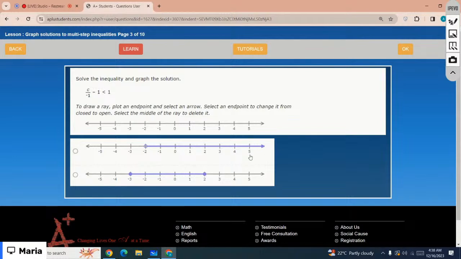Yes, option number 1 is the correct option. That is the solution of the inequality.